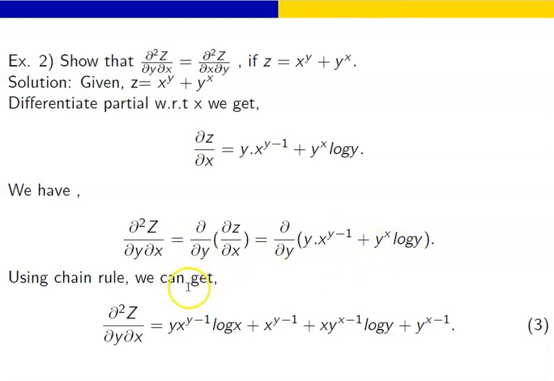Using the chain rule, what is dou 2z by dou y dou x? Easily we can get y x to the power y minus 1 log x plus, derivative of y is 1, x to the power y minus 1 as it is, plus x y to the power x minus 1 log x log y plus y to the power x minus 1. So half part done, we got the value of dou 2z by dou y dou x.